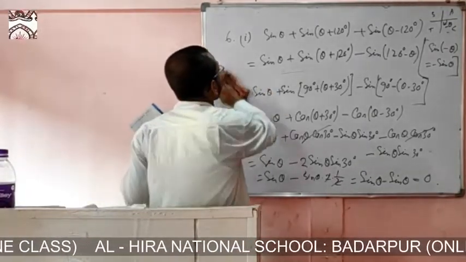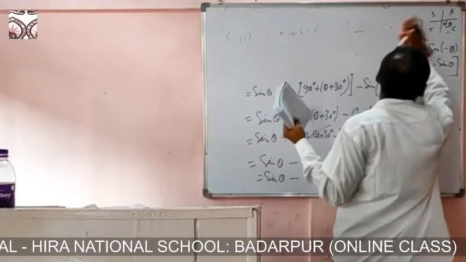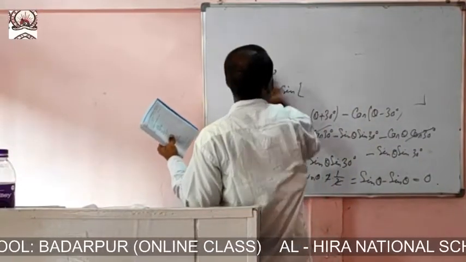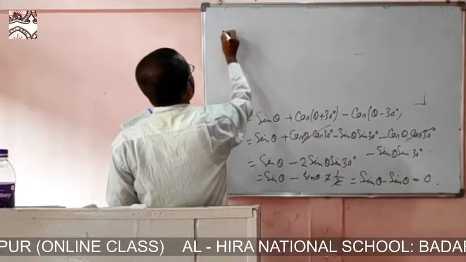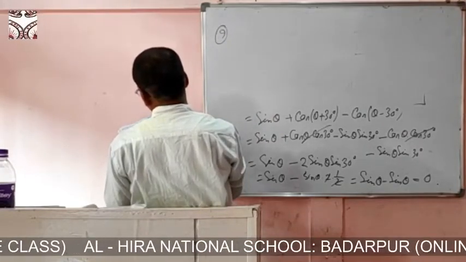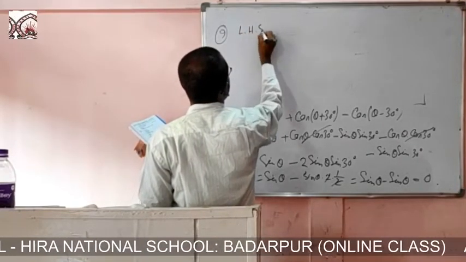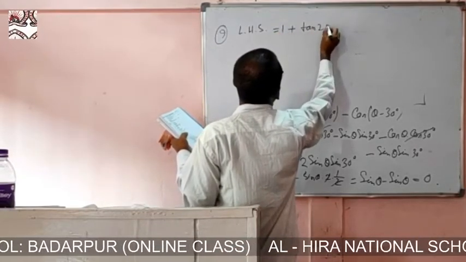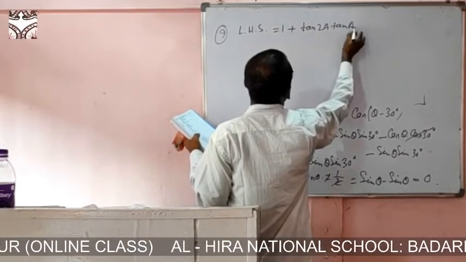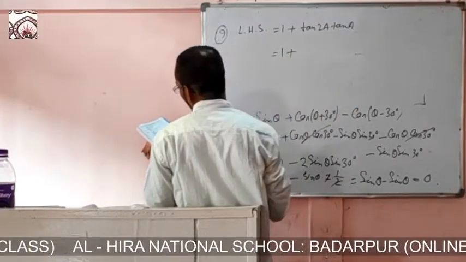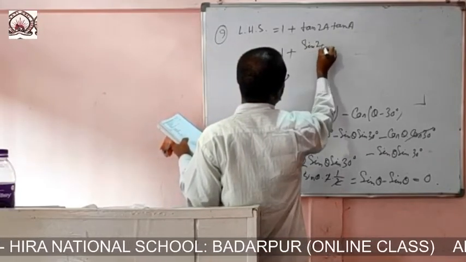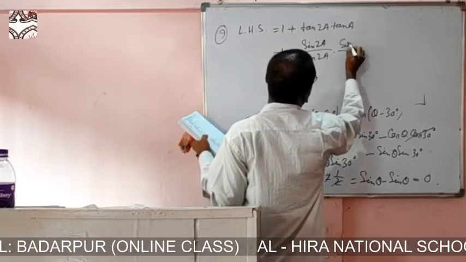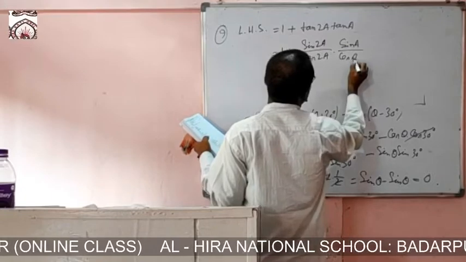So you see question number 9, LHS is equal to 1 plus tan 2a tan a. So tan 2a we can break: tan 2a is sin 2a by cos 2a, and this is sin a by cos a, you see.